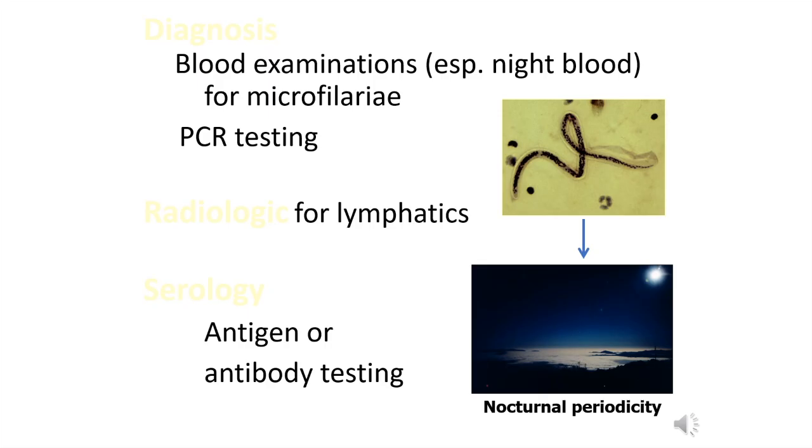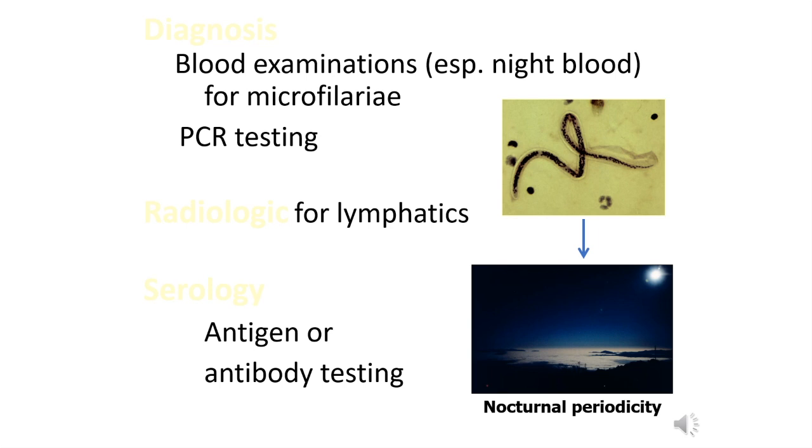Diagnosis. The diagnosis is by blood smear examination, and those blood smears are better gotten at night. Why? Because here we have got synchronization between the activity of the vector, the mosquito, which is most active at night.